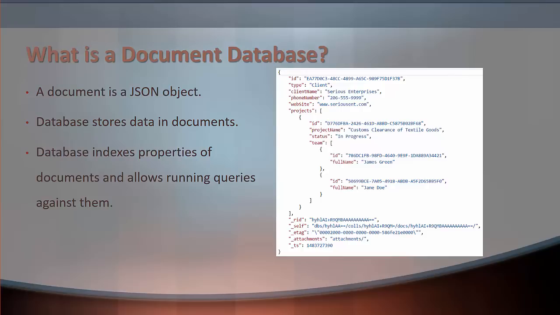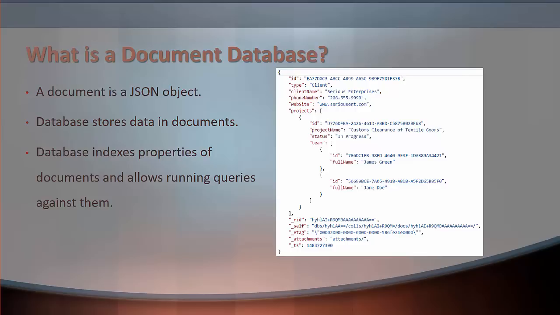Simple as that. Furthermore, document databases will index properties of our JSON objects or these documents so that we can run queries against them. Especially in the case of Azure DocumentDB, if I were to save this particular document in my database, I can run queries against any one of those properties because DocumentDB will index all of those properties automatically.